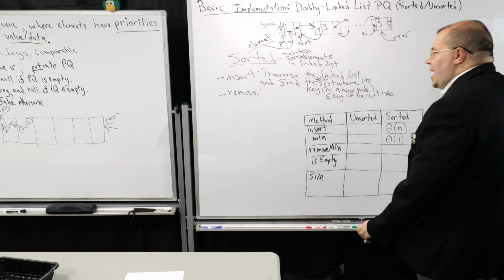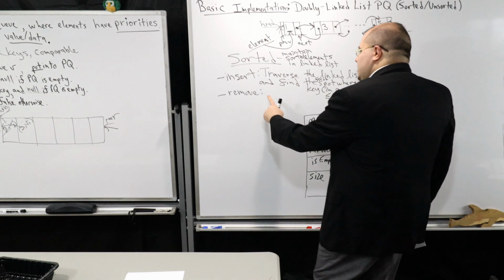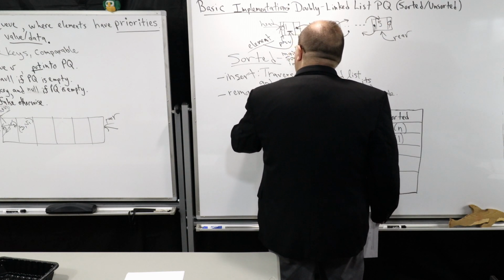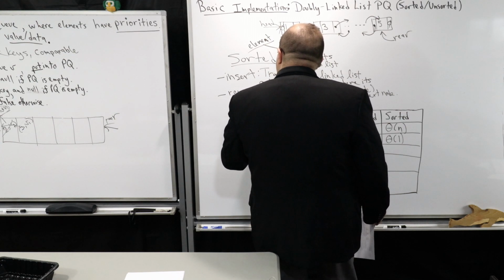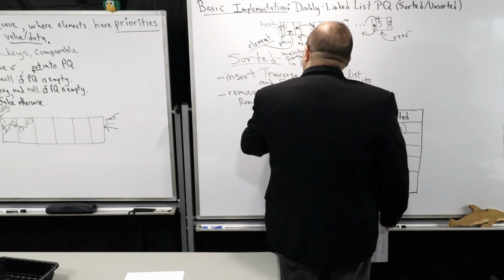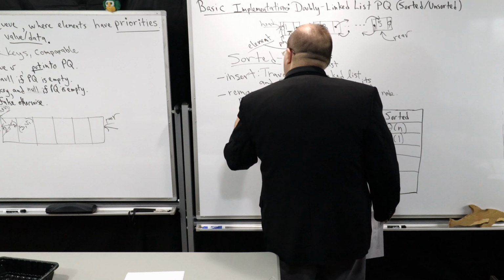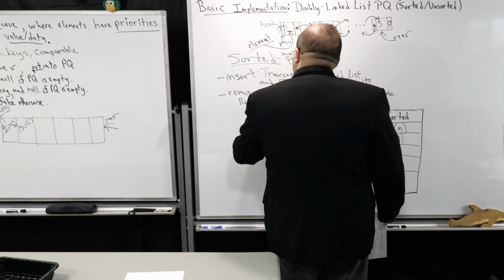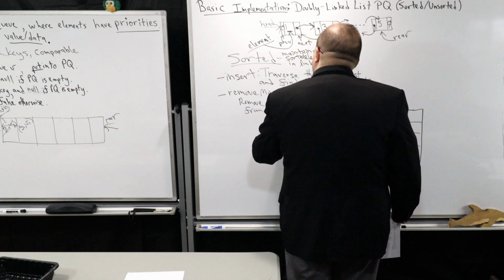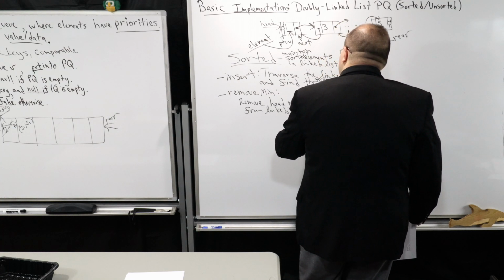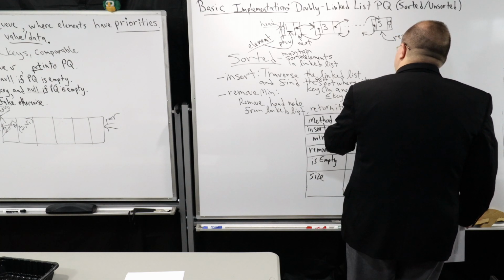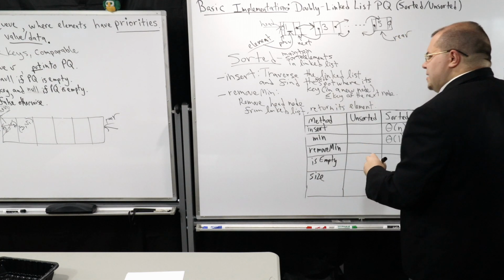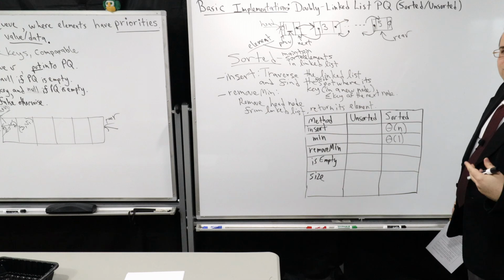Likewise, I can do the remove min. For remove min, you would just remove the head node from the linked list, and you return its element. I apologize, it's a little small. So remember, all I do is just remove the head.